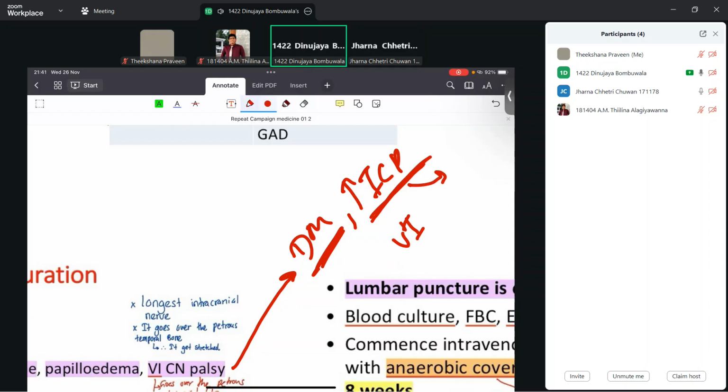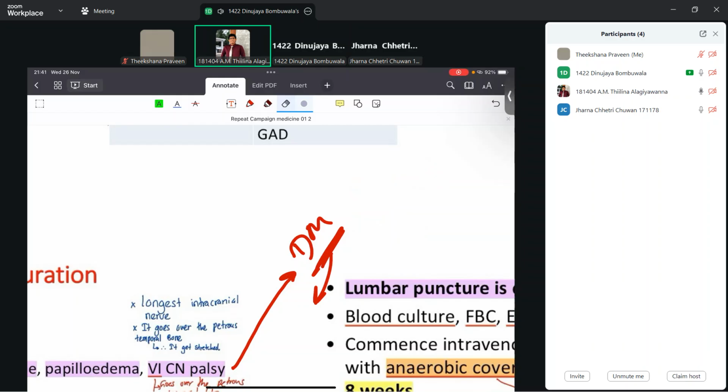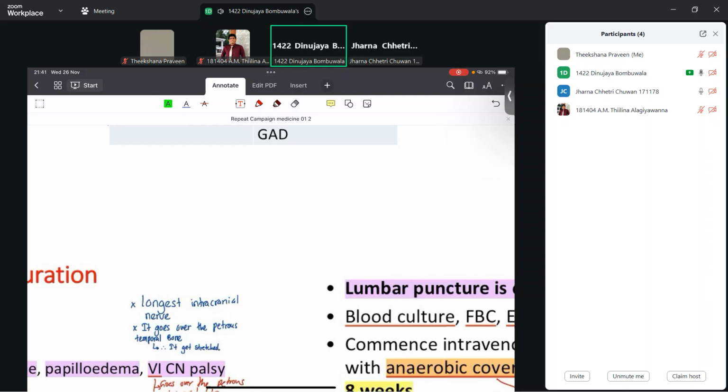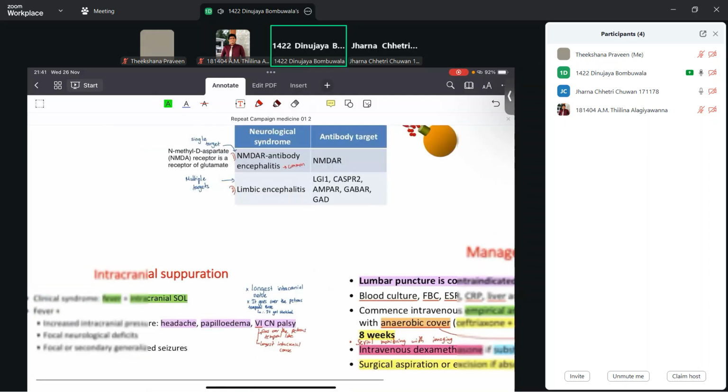Papilledema. And in diabetes, what would you be able to see? Diabetic fundus: features of diabetic retinopathy, non-proliferative and proliferative features. So that's how you differentiate it.